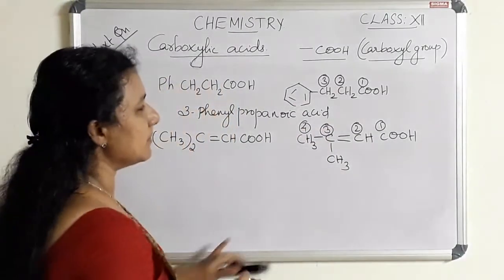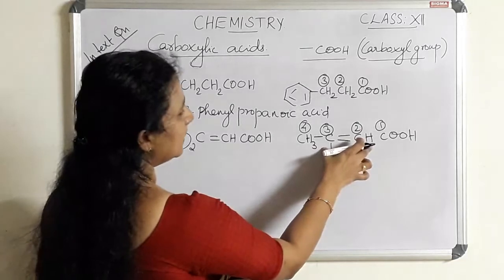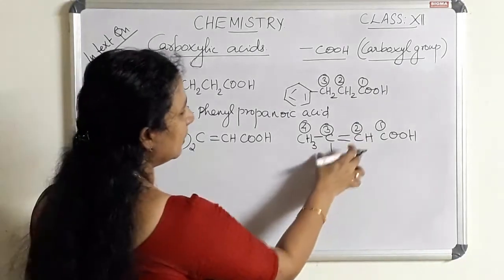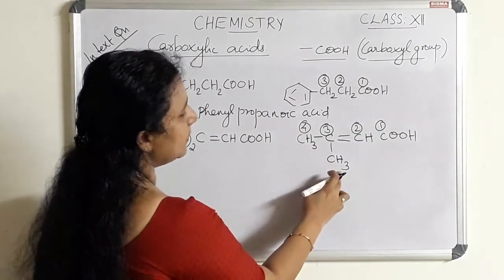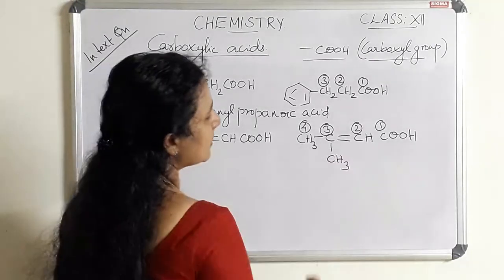It has 4 carbon atoms, so the parent alkene has 4 carbon atoms. Then the third position is a substituent, and the carboxylic acid.